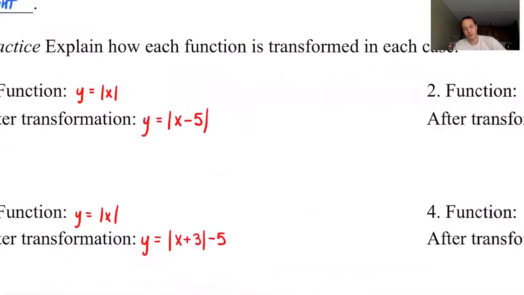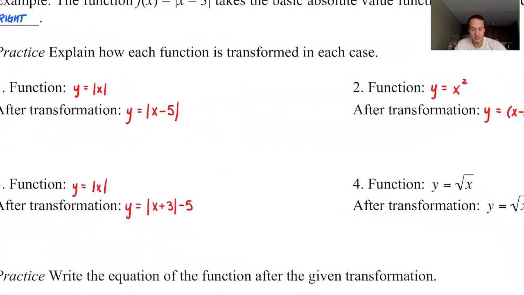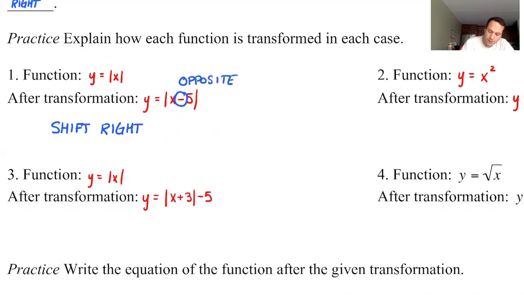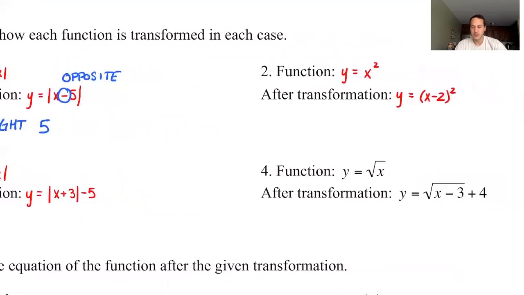So same thing as before. Let's practice a few of these. Absolute value of x became absolute value of x minus 5. This is going to be a shift of right 5 because it's the opposite. Y equals x squared.